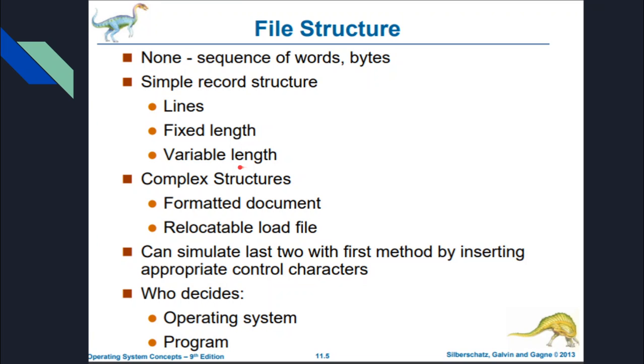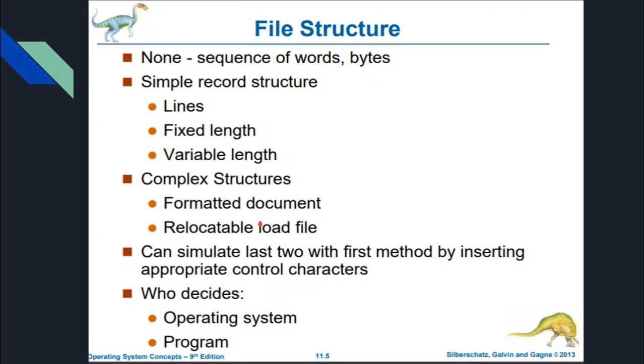Based upon this complex structure, the structure of a file may be a formatted document or a relocatable load file. User files and application files are formatted documents as the user saves the file. But relocatable load files are files the system makes in between when a process is done.